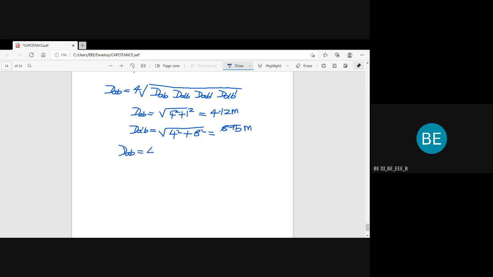It will be fourth root of 4.12 into 8.95 into 8.95 into 4.12. So if you solve, you will get DAB equal to 6.072 meter.